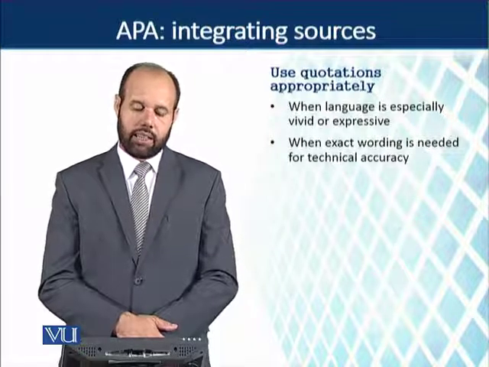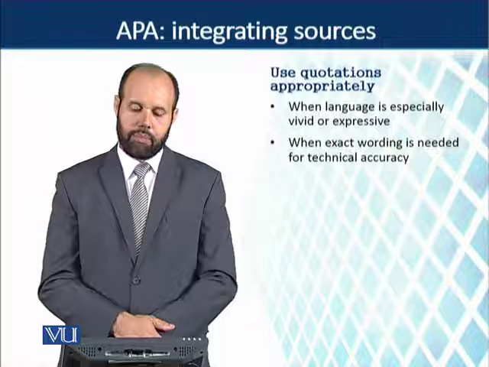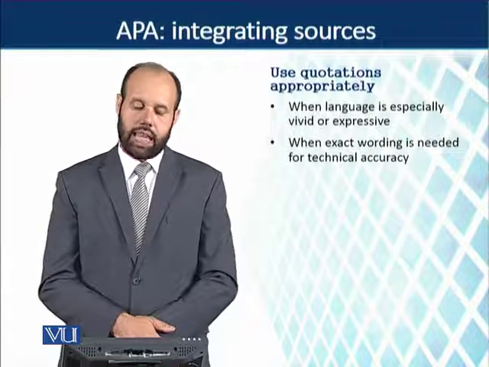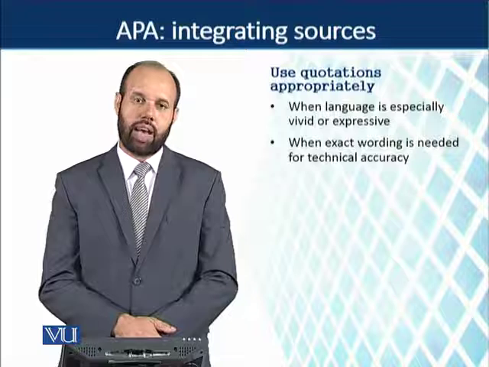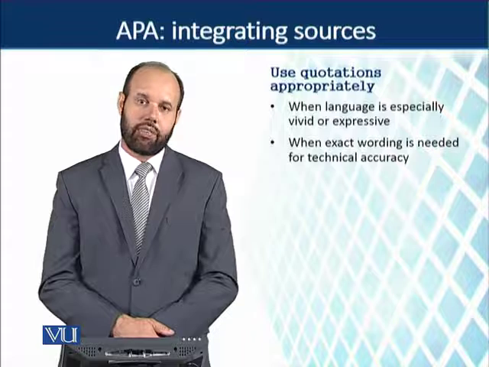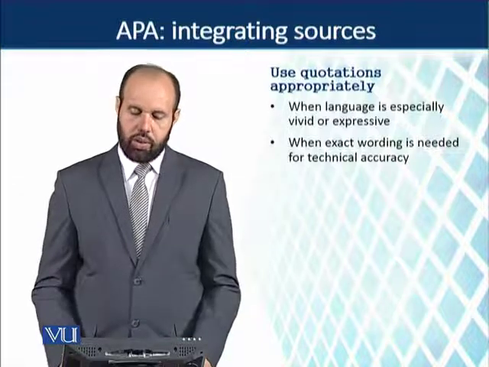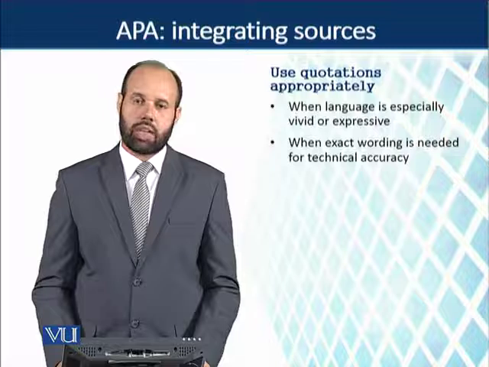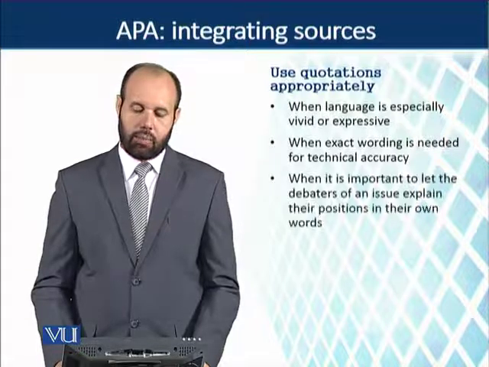And the second point says that you use quotations when the exact wording is needed for technical accuracy, and you don't have any replacing words which may present that accurately, right? So that's one compulsion on you to use those quotations directly, right? So that's one possibility.